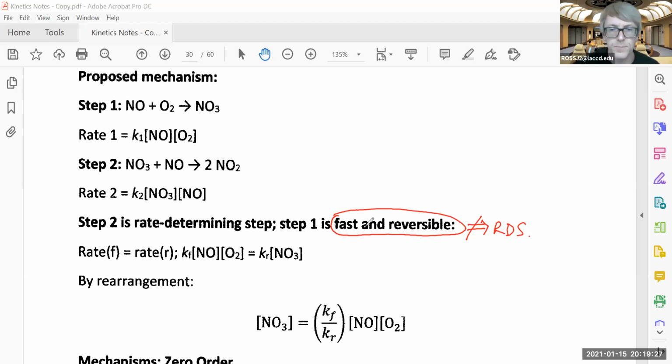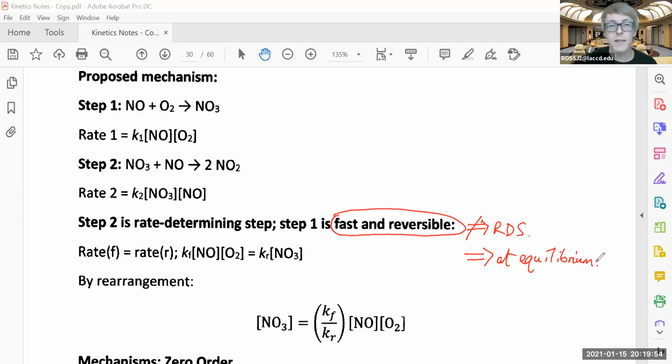So here, a fast and reversible process implies it's not rate determining, but it actually implies it is at equilibrium. So far, rate determining and equilibrium are opposites in this context.